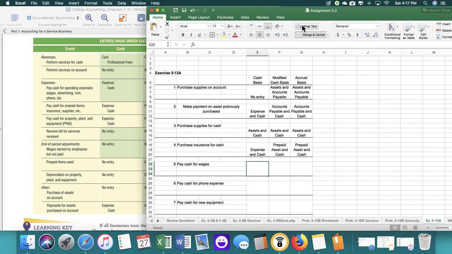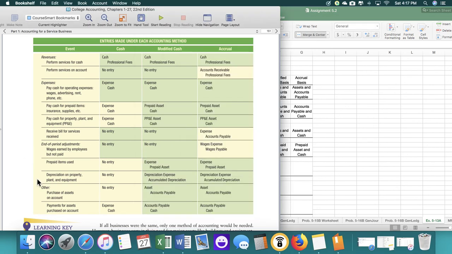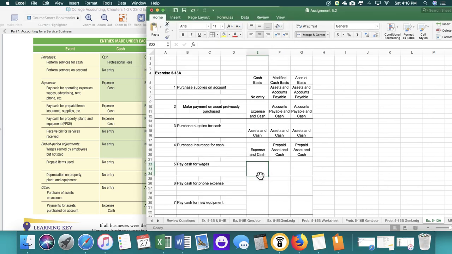Okay, the fifth one we have to do is we pay cash for wages. So let's look over here and see. Prepaid items, wages earned but not paid. Nope, we're paying them. So it's going to be cash and expense for the cash basis.